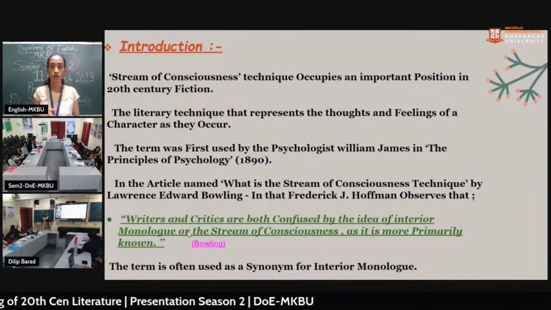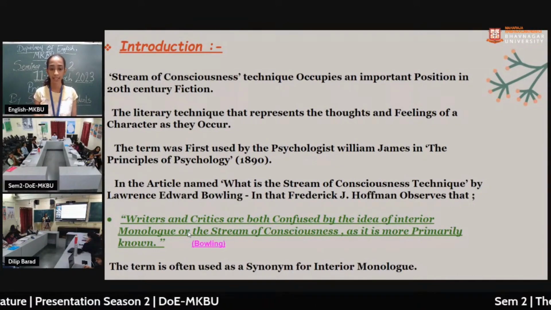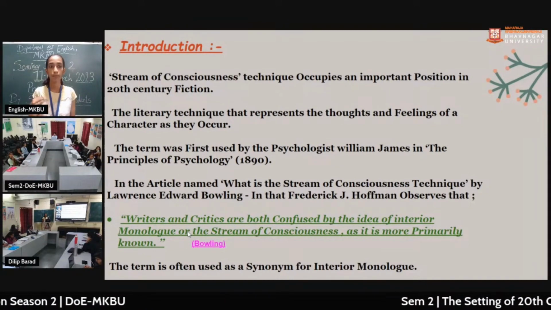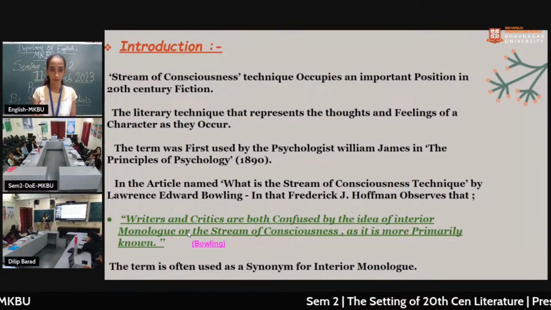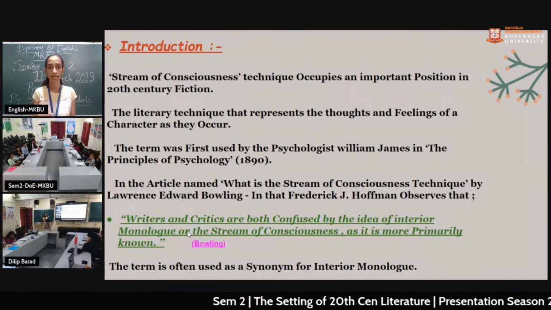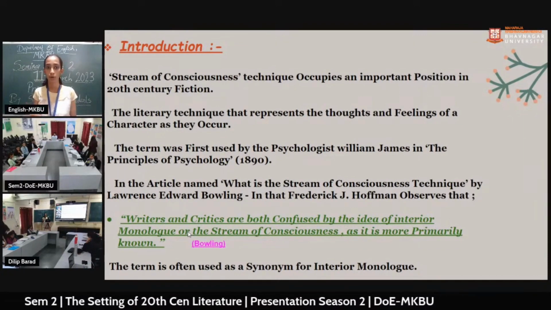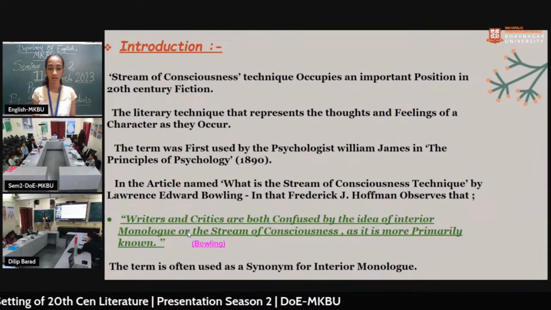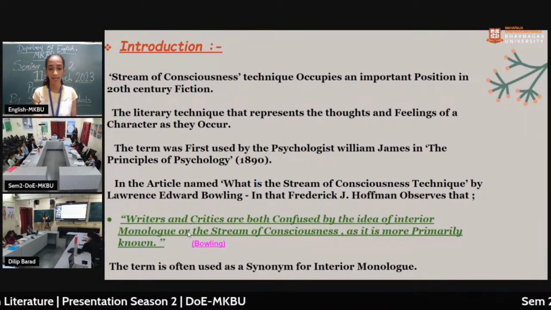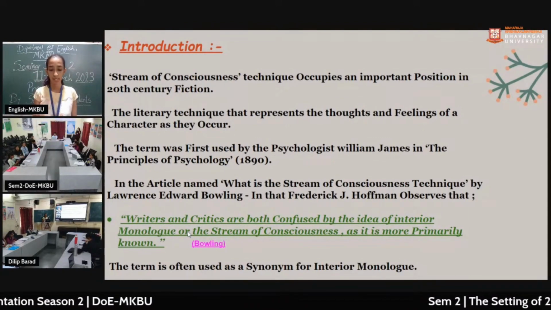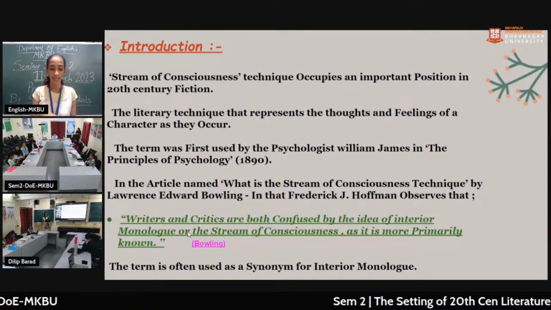The stream of consciousness is a new narrative technique which plays a very important role in 20th century literature. It is a new narrative style which depicts the characters' thought process through their minds in a very realistic way.